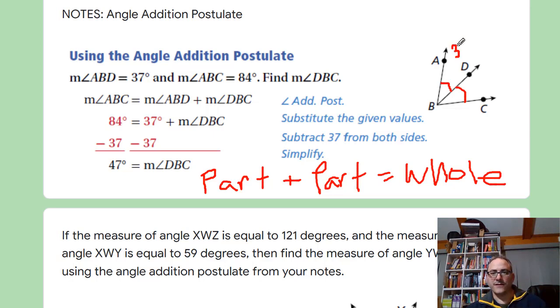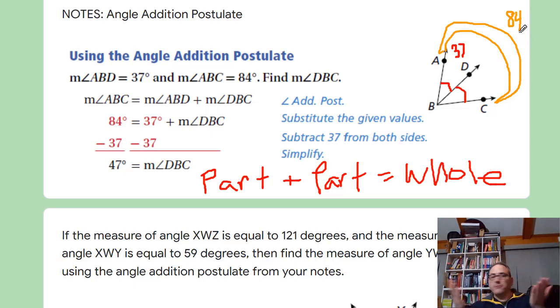So put a little 37 right here on your paper copy, or draw a little diagram on paper if you're doing this on a computer. And the measure of angle ABC is 84. Okay, so then this whole thing is going to be 84. And what we know is that part plus part will equal whole, so this is an equation.